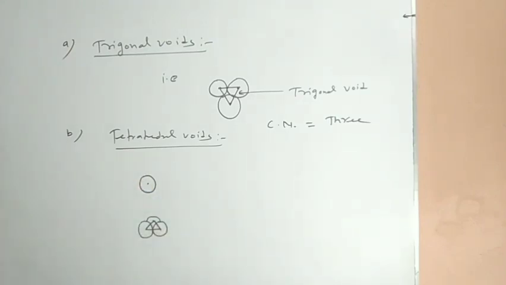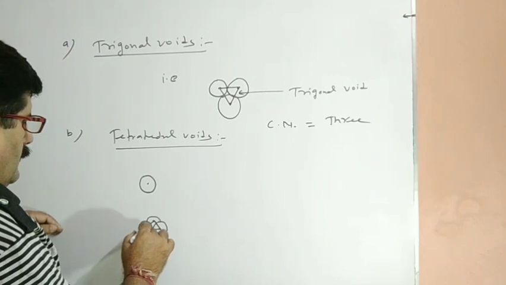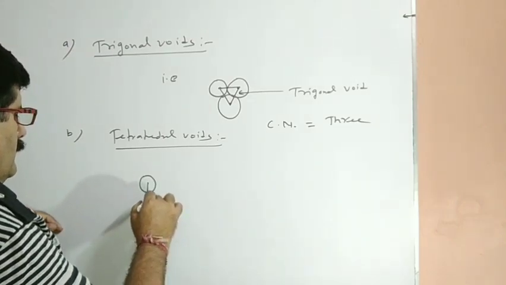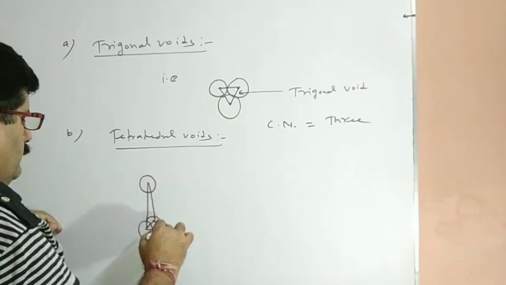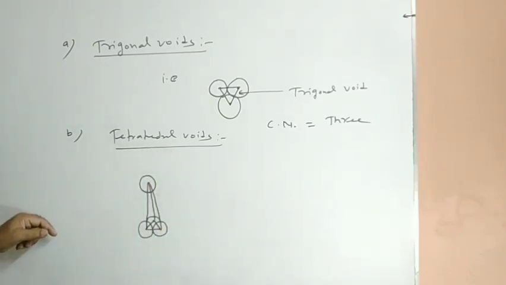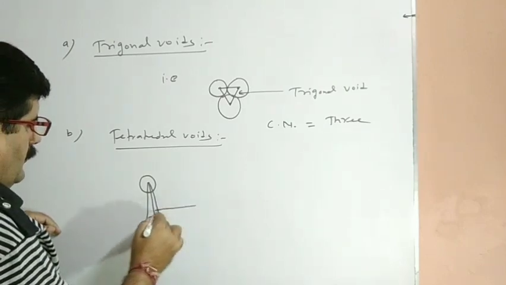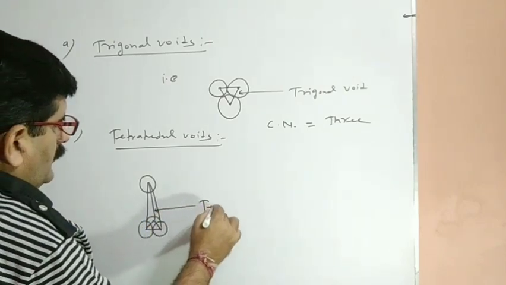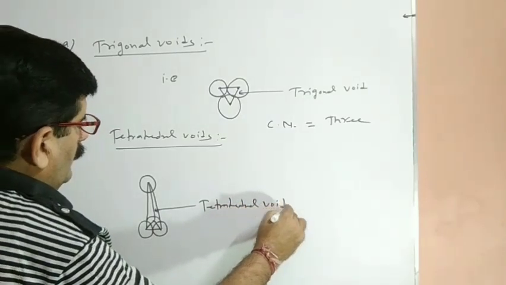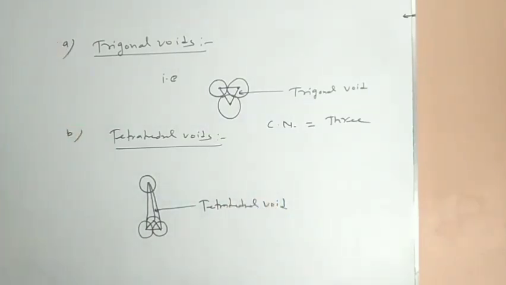This is the center. If we draw the lines, then a tetrahedral void is obtained.